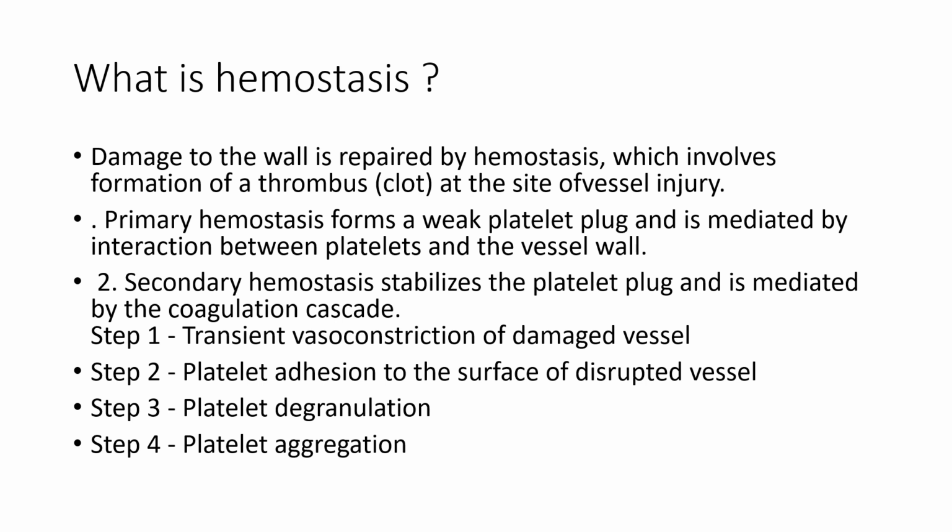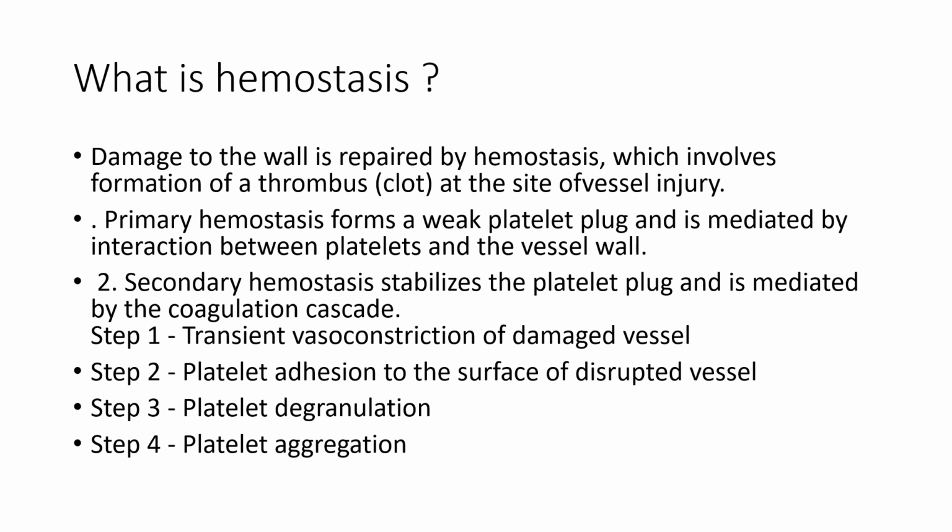Damage to the wall is repaired by hemostasis, which involves formation of a thrombus clot at the site of vessel injury. Primary hemostasis forms a weak platelet plug and is caused by interaction between the platelets and the vessel wall. Secondary hemostasis stabilizes the platelet plug and is caused by the coagulation cascade.